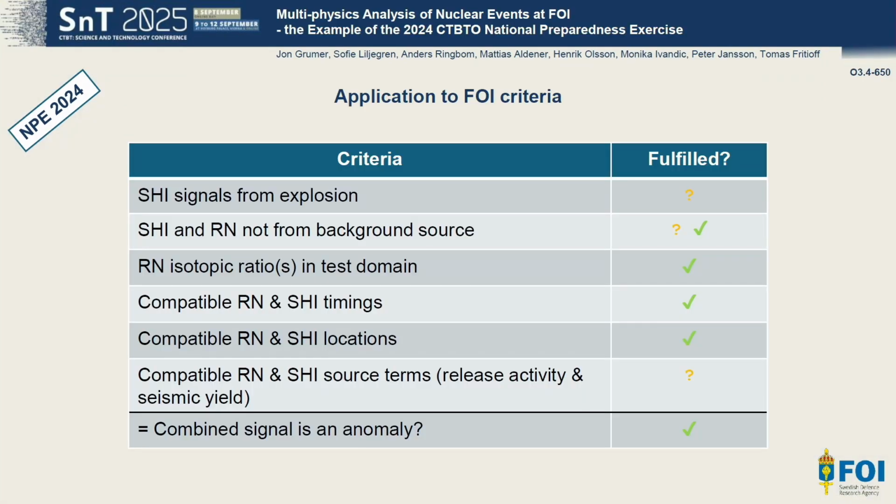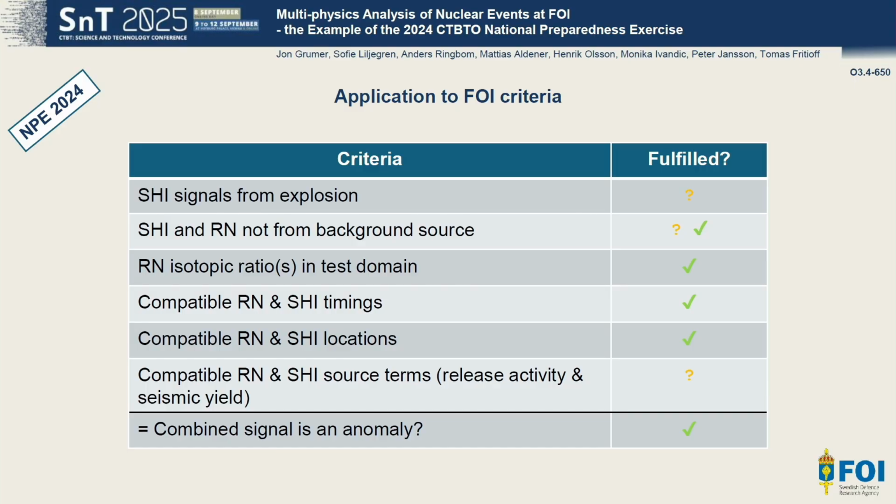Okay, so let's go back to the criteria and apply these different observations to this list. From the waveform analysis, we couldn't say if it was from an explosion or not. And the same with the waveform, we couldn't say if it was from background or not. So that's why there's a question mark on the left there, on the second row. Because there are also a lot of earthquakes in this region. But the radionuclides, we were pretty sure that this was a real detection, pointing to a nuclear event.